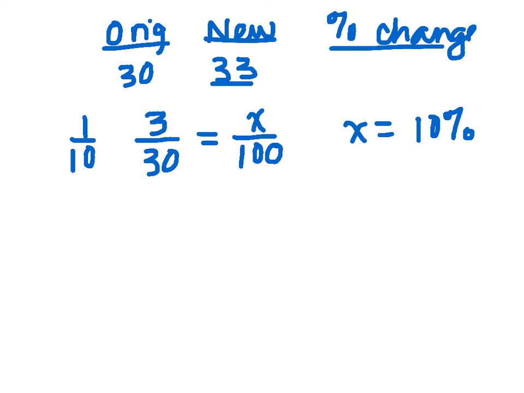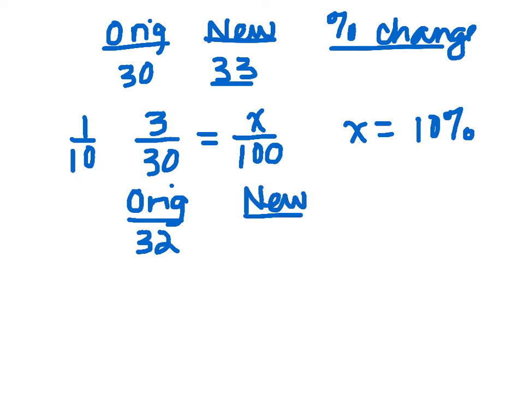Now, what if we say, this is actually a problem from your homework. Let's say you have the original price is 32. We don't know the new. And the percent is a decrease.